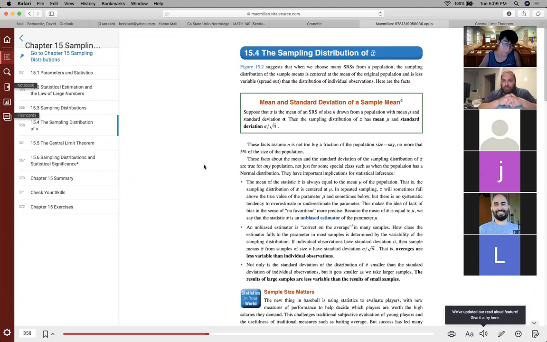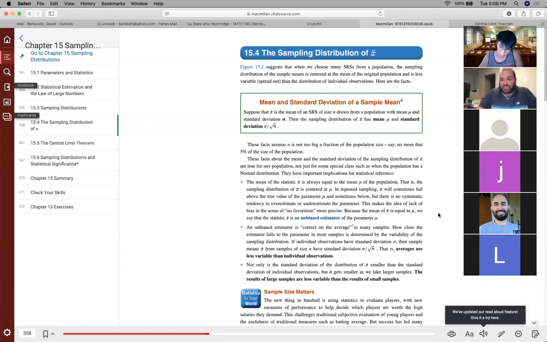Exactly. As the sample size increases, the amount of fluctuation around the true value decreases. And that manifests itself in this formula, which says that as n gets larger and larger, the deviation, which is the spread, gets smaller and smaller as a factor of 1 over the square root of n.